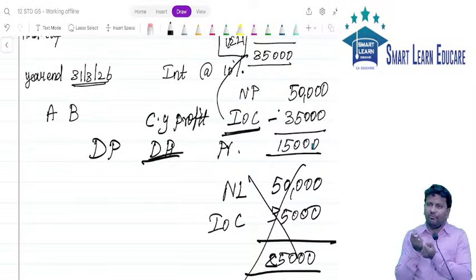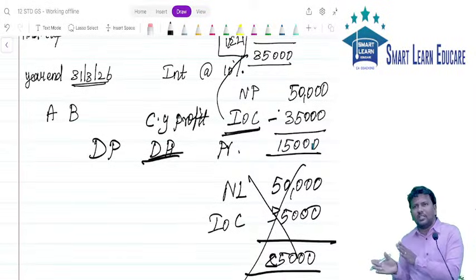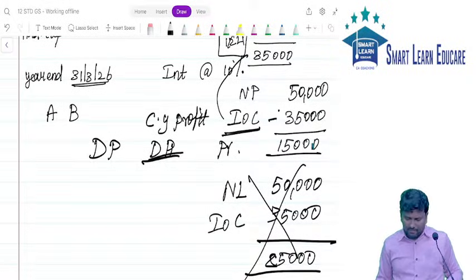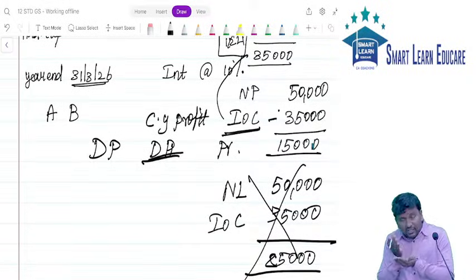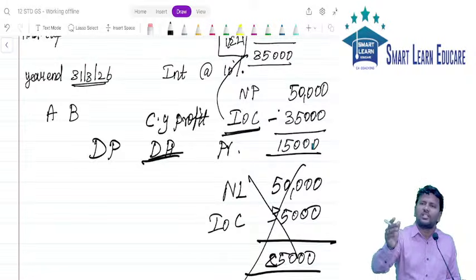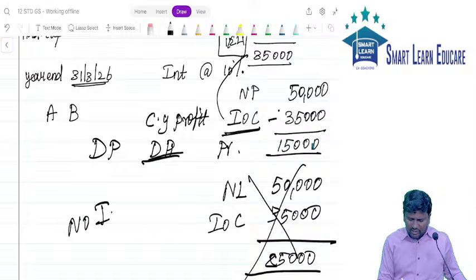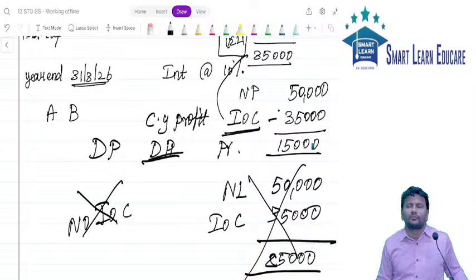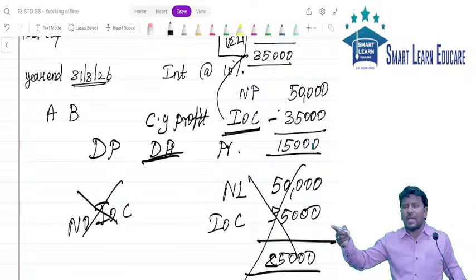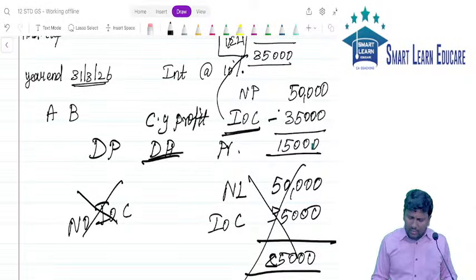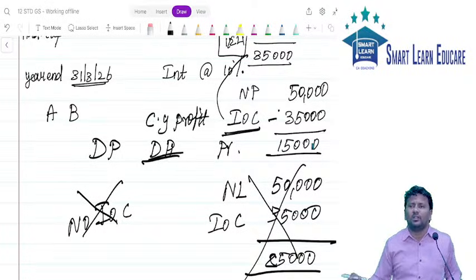Whatever profit we earn is distributed to the partners. If there is profit, we can pay interest on capital. If there is no profit, no interest on capital; it cannot be paid. To pay interest on capital, profit is required.